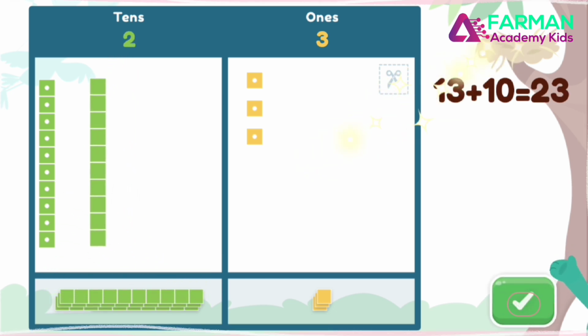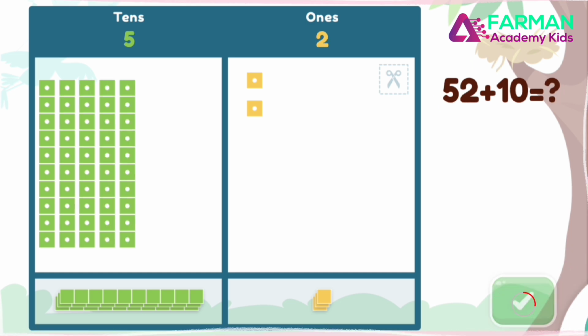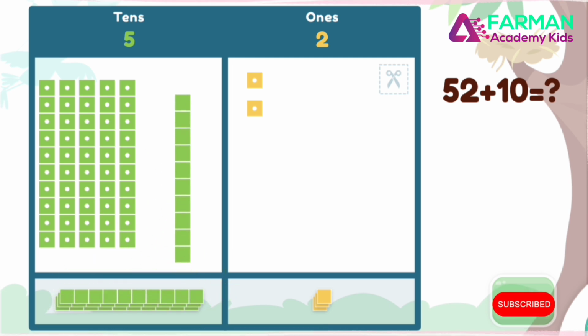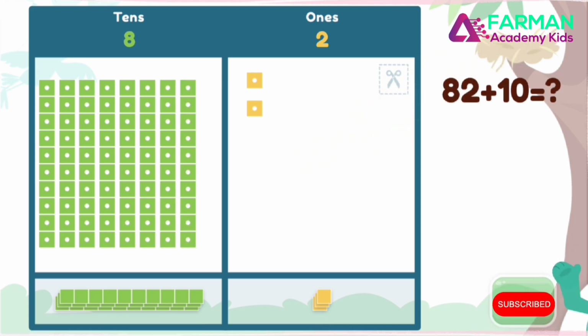Good job! Use the rods and blocks to solve the equation. 52 plus 10. Good thinking! Use the rods and blocks to solve the equation. 82 plus 10.